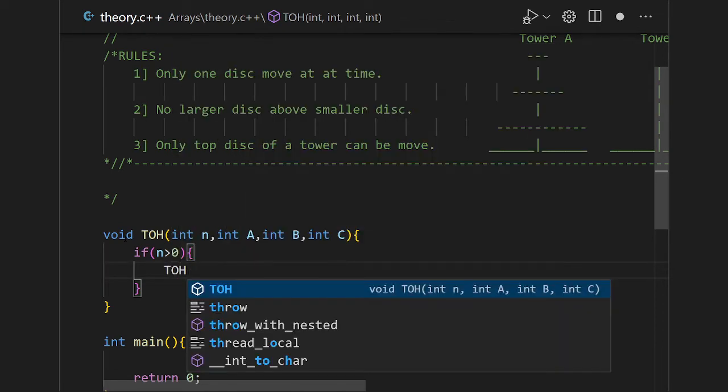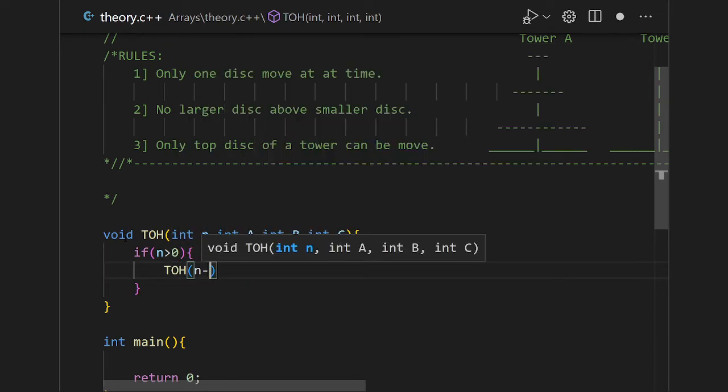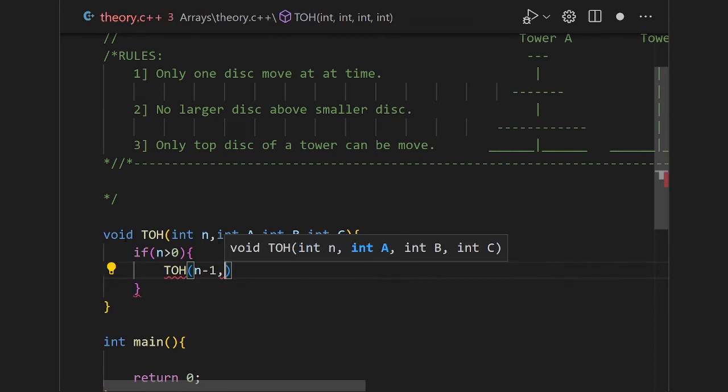So there is a recursive call, and we have to go to n minus 1 disks, because if there are three disks we have to first solve two disks, and to solve two disks we have to solve one disk. So we have to break our problem into small chunks, and that's why we call this a recursive solution. That's why I take n minus 1 here, because in the function Tower of Hanoi, I take n as my first parameter, where the number of disks is 3, 4 or whatever.